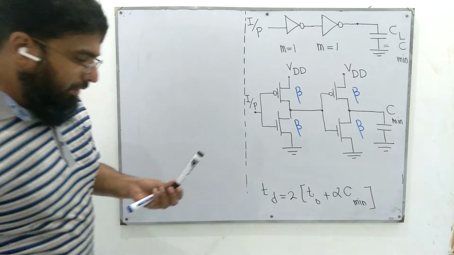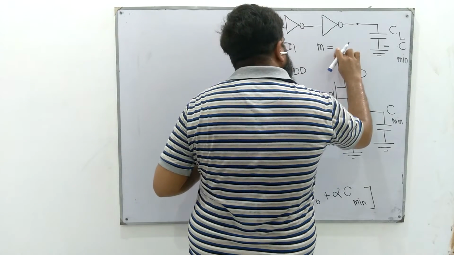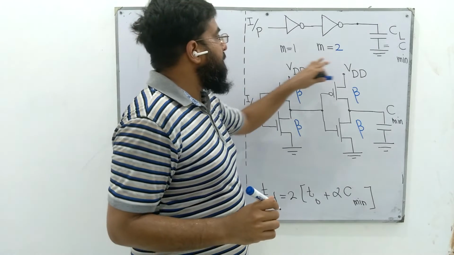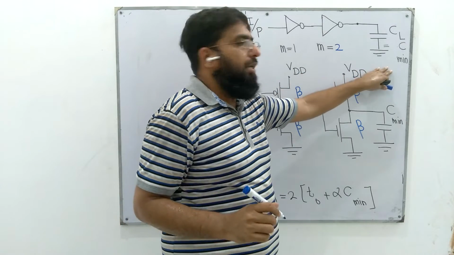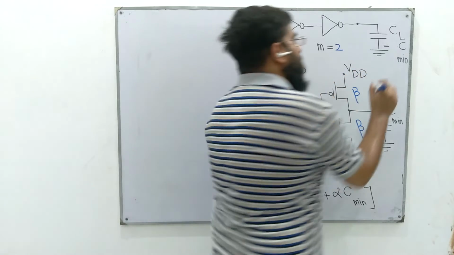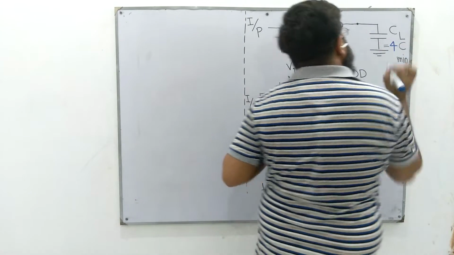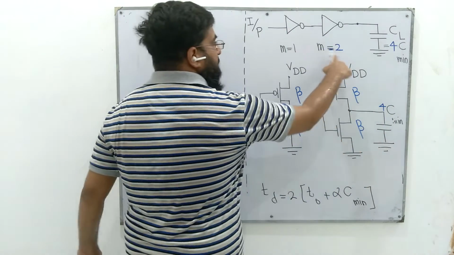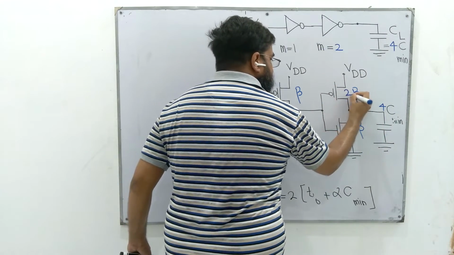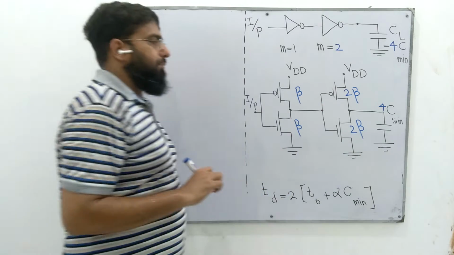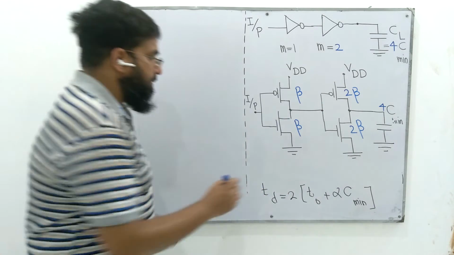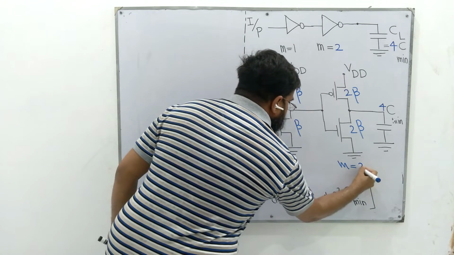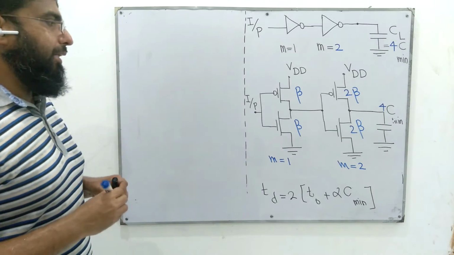Let's make it M equal to 2, and let's assume that the second gate is driving a load capacitance that is 4 times C minimum. If this has a scaling factor 2, this also is 2. This first gate is with scaling factor 1, and the scaling factor is 2 for the second gate.